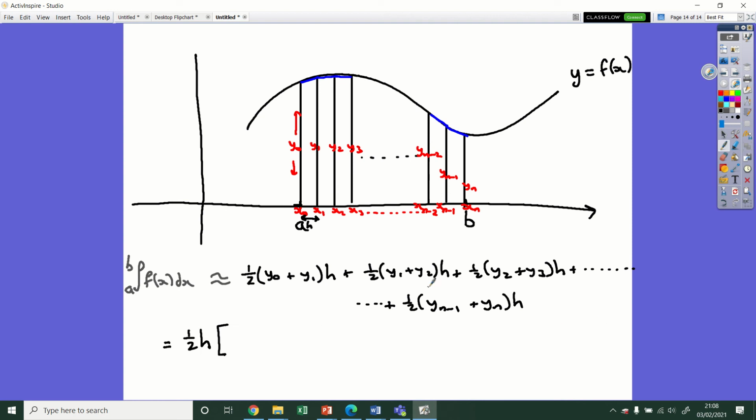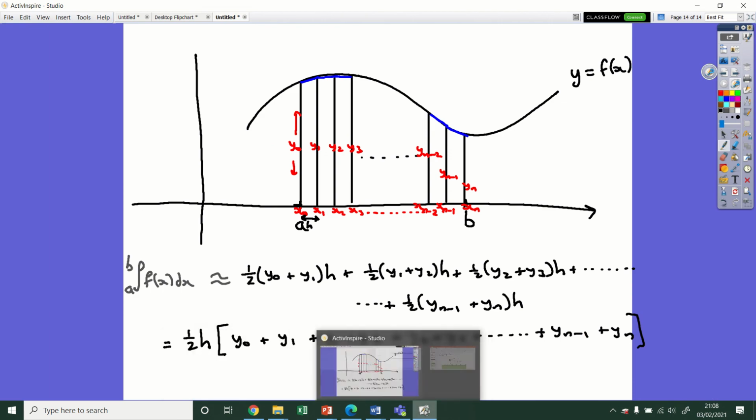And then after I've factored out those terms, I'm going to get y0 plus y1. And then this term is going to give me another y1 and a y2. And then this third one's going to give me a y2 and a y3. And that's going to continue until I finally get yn minus 1 plus yn. Great.